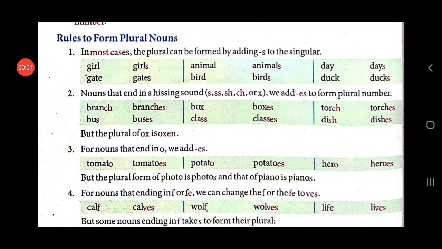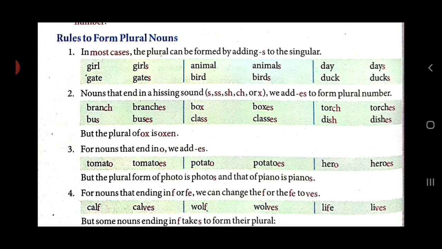Now, in the next point, children, they are telling that the nouns which end with a hissing sound can be changed into plural number by adding es to them. Okay. For example, first we will take the letter S which is given in the bracket. Then you look at the green box which is given below. B-U-S, bus. Did you listen to the sound which is coming at the end?